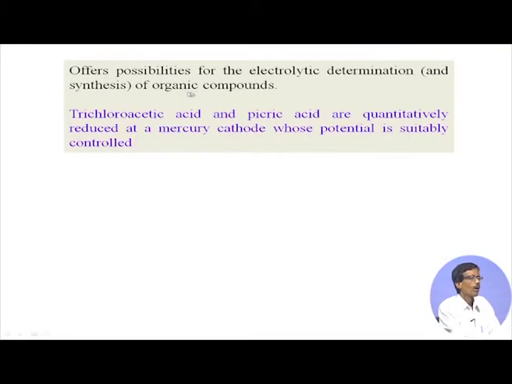So, different such organic compounds are very useful for determination, that means the amount present, like your quinone and catechol, and sometimes for synthesis also, because the electron transfer, either oxidation or reduction, is a typical chemical reaction we can perform on some substrate.